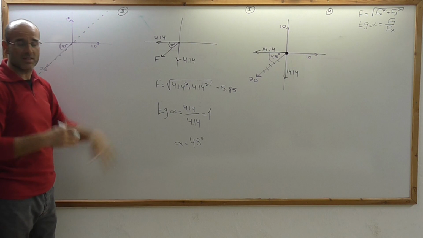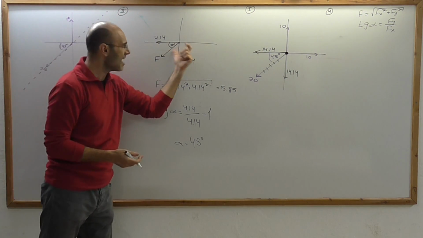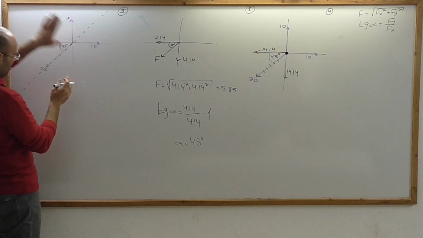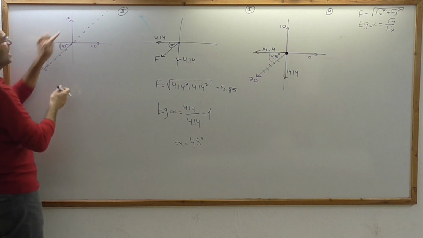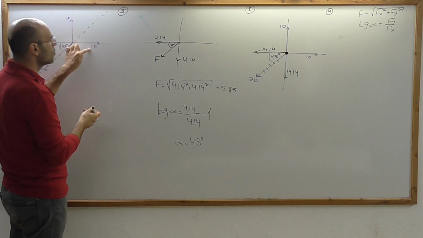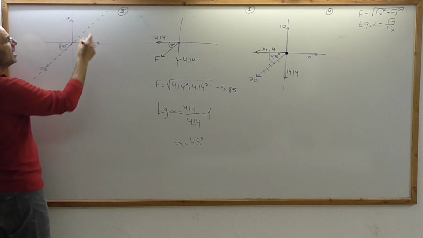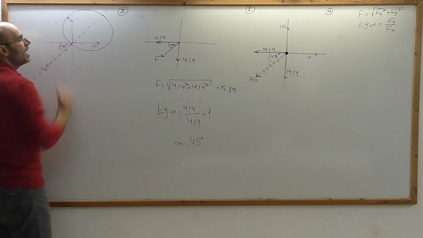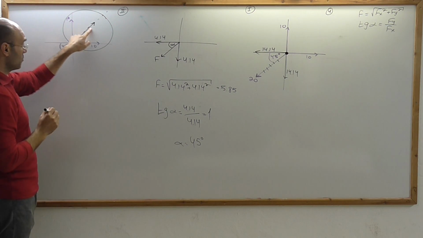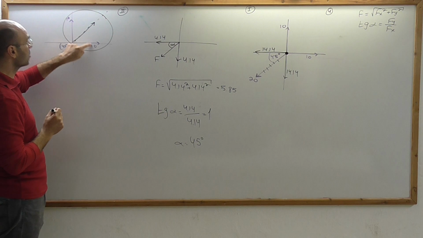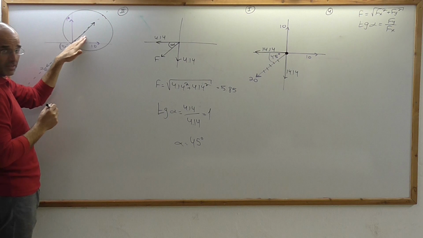So if we know that it's a symmetrical problem, instead of breaking these like that, we can leave this one because we know that it's already in the right direction and just deal with these two. Instead of breaking it, let's add them up. Let's just deal with these two. How do I add them up? We know if we add them up, the resultant of these two will be somewhere here, not somewhere, exactly here, 45 degrees.